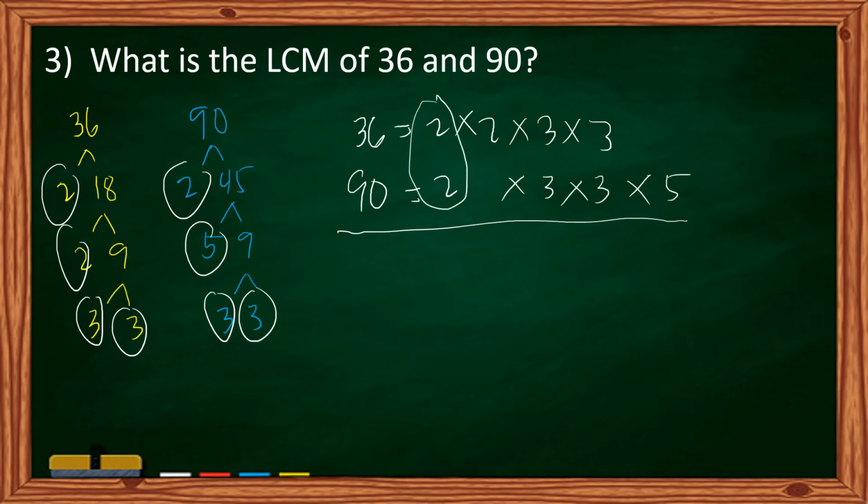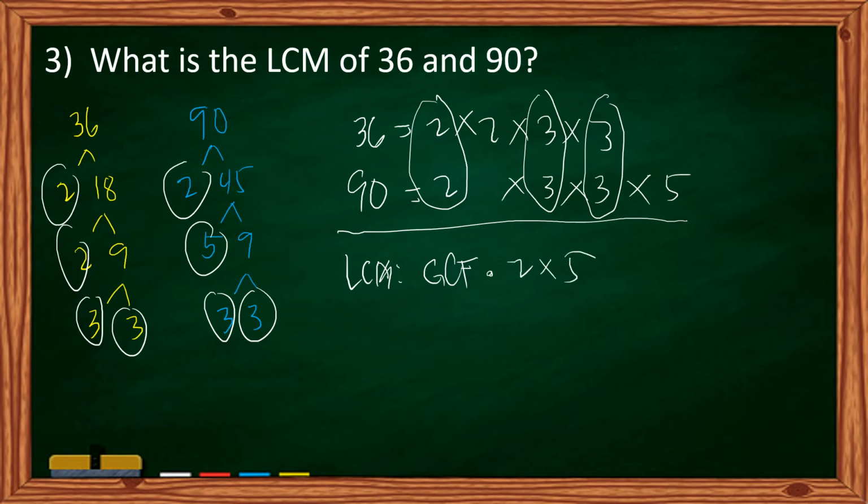Okay, and after that, we are going to get the common factors. Ito siya, 2, 3, and 3. So, the LCM is actually the greatest common factor times the remaining factors. Okay, times 2 times 5. Okay, but the greatest common factor is actually 2 times 3 times 3.